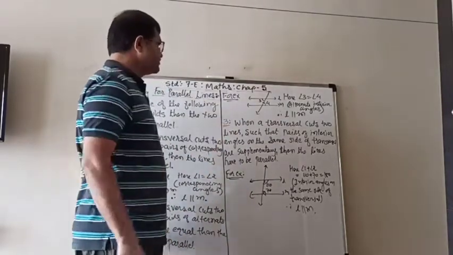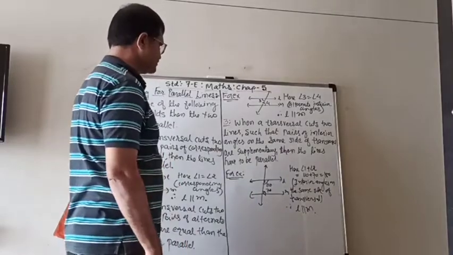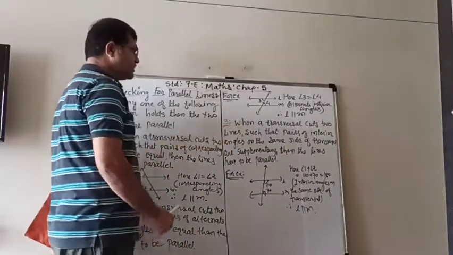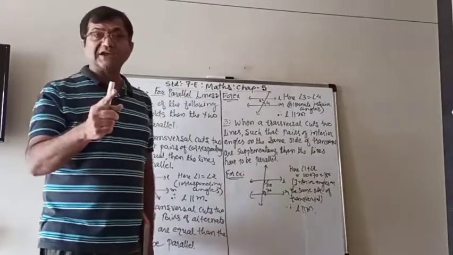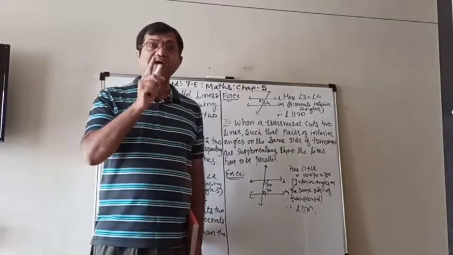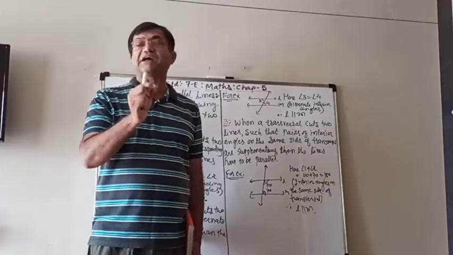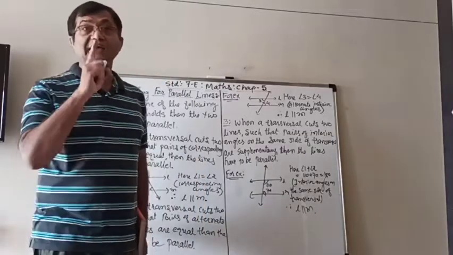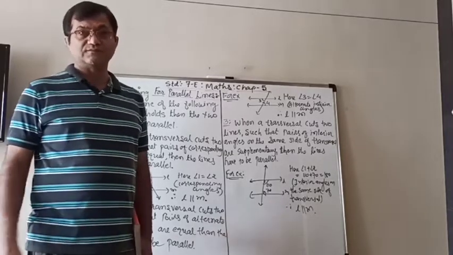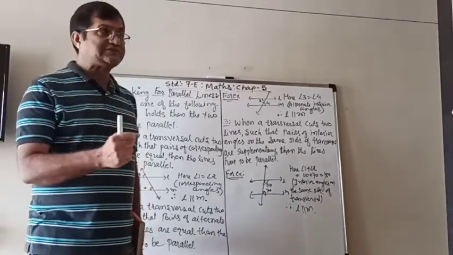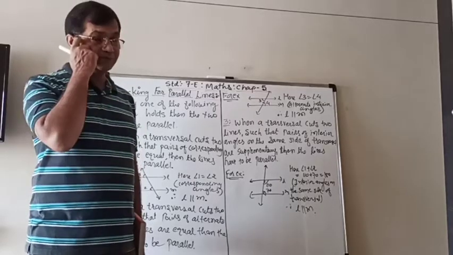And the third condition: when a transversal cuts two lines such that pairs of interior angles on the same side of the transversal are supplementary, not equal but supplementary, then the lines have to be parallel.